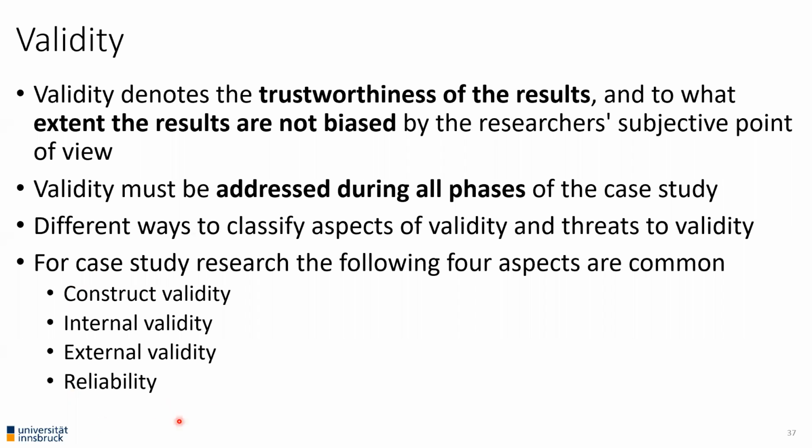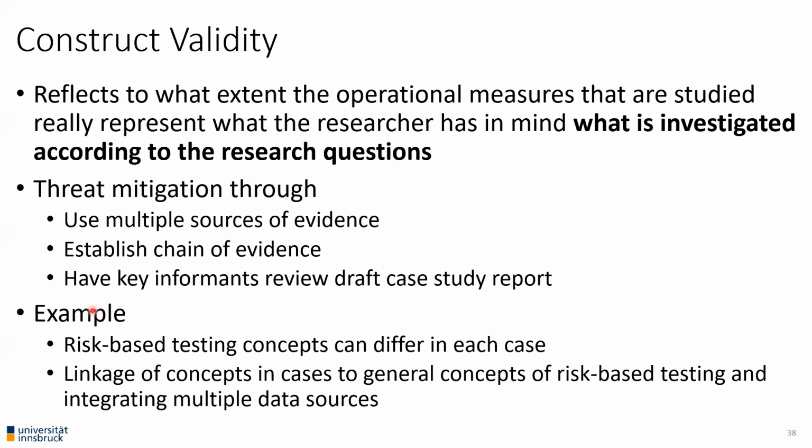And this can be seen as a checklist, yeah, to actually think about what potential threats to validity you have, and how can you mitigate them so that they harm your results as little as possible. Let's browse through these 4 types of validity. So let's start with the construct validity.